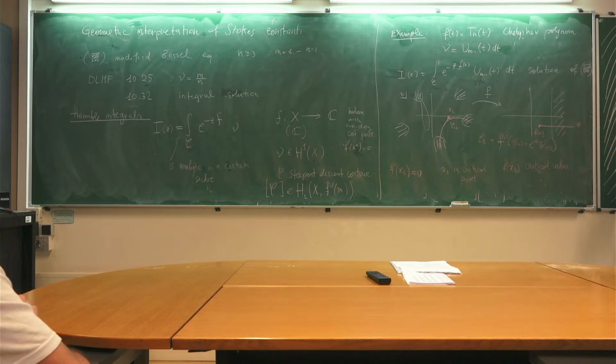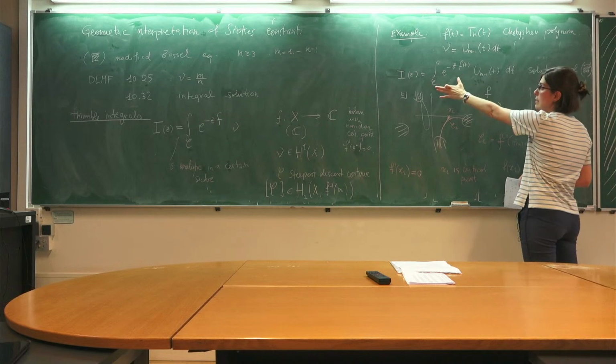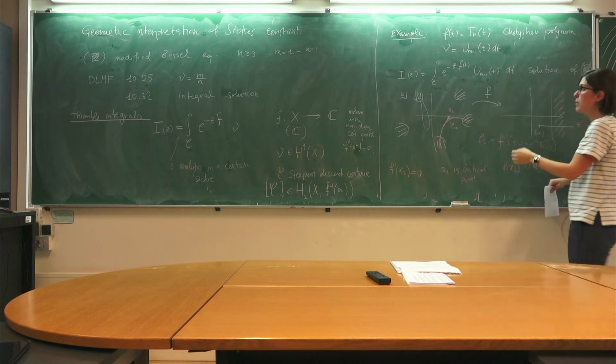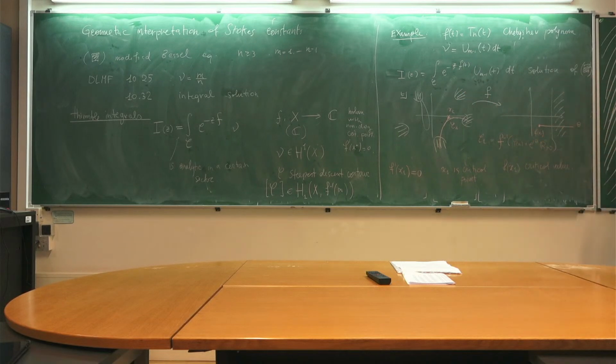The fact that we want to go to infinity in a certain direction is precisely what will tell you that the integral will be well defined because of this exponential. This will be fast decay if you take the argument of z equal to theta.